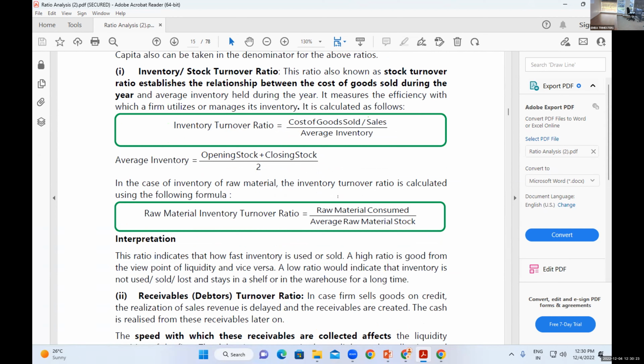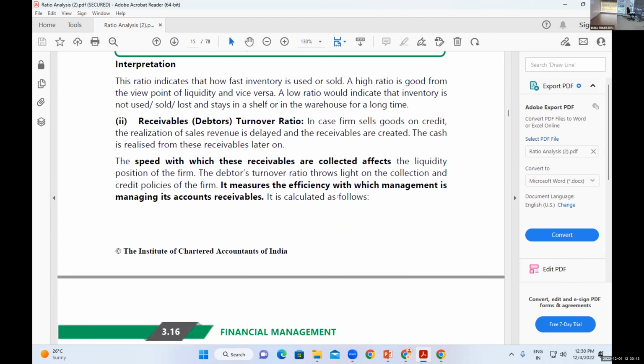So stock turnover ratio. The formula is cost of goods sold, otherwise sales, divided by average stock. Average stock means opening stock plus closing stock divided by 2. How do I know opening stock? Last year balance sheet. How do I know closing stock? Current year balance sheet. So that divided by 2.